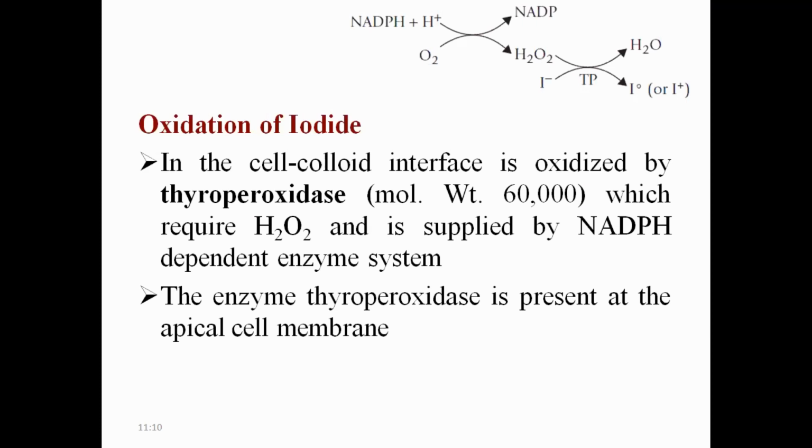So for the action of thyroperoxidase, it requires H2O2, supplied by the NADPH dependent enzyme system, because H2O2 acts as the oxygen source. And this enzyme thyroperoxidase is present at the apical cell membrane.